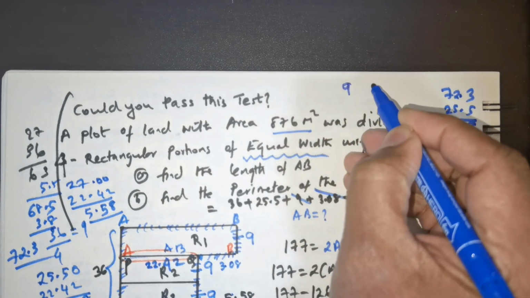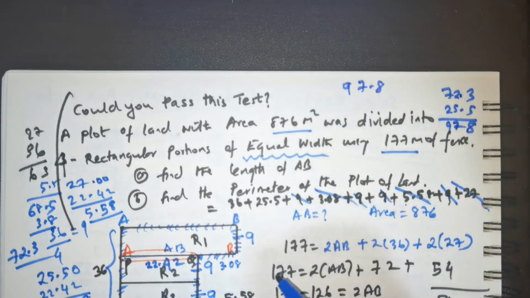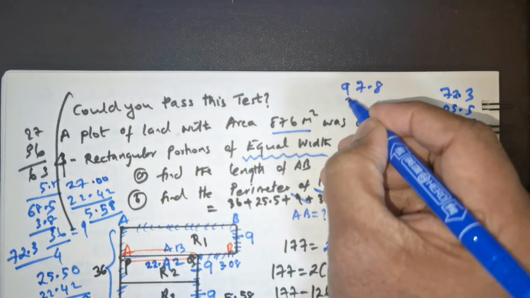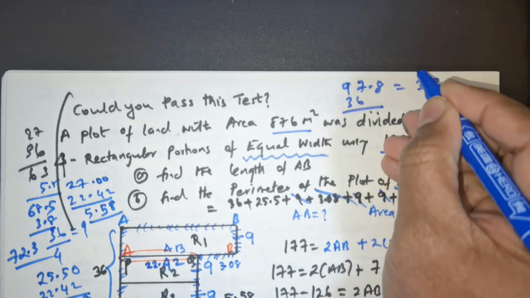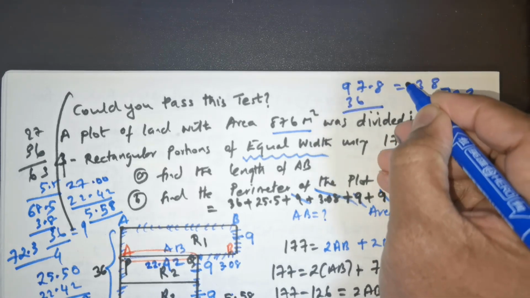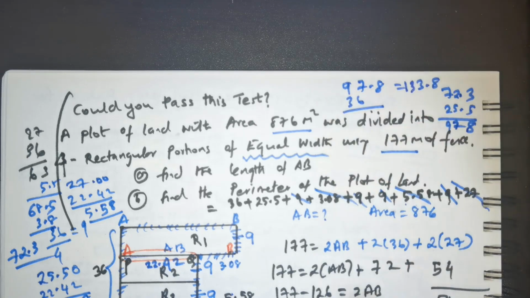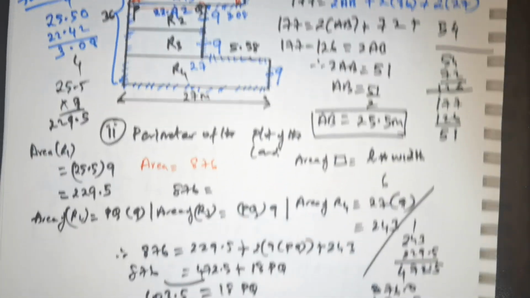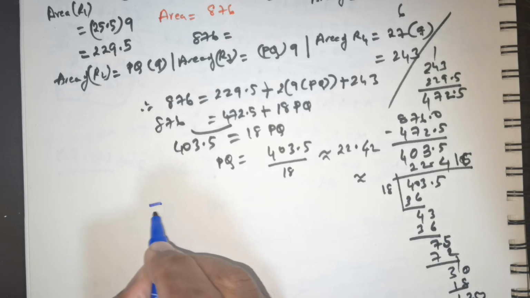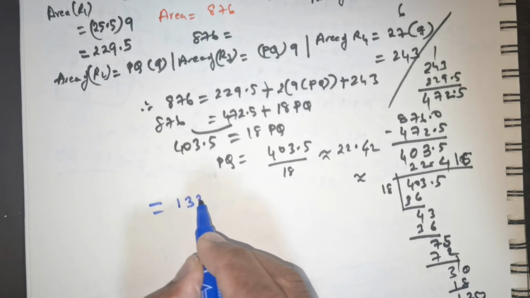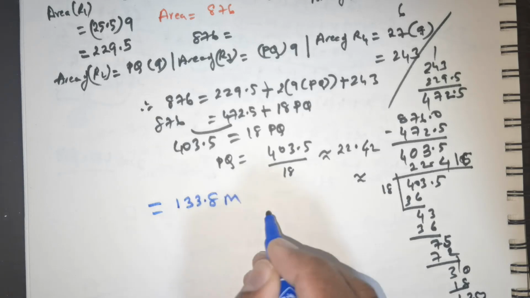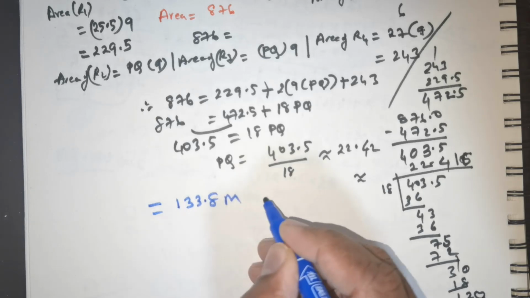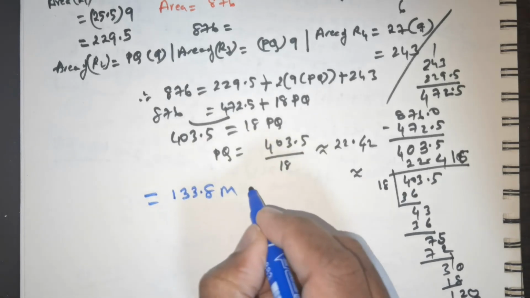So you got 97.8, and that has to be added with 36. So that is going to be 8, 13 and 1, 10, 10 added with 3 gives me 13. So 133.8. So the solution is 133.8 meters. So this is the perimeter of the plot of land.